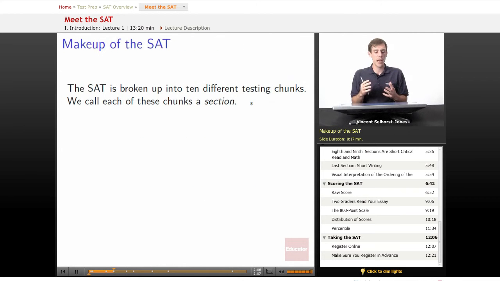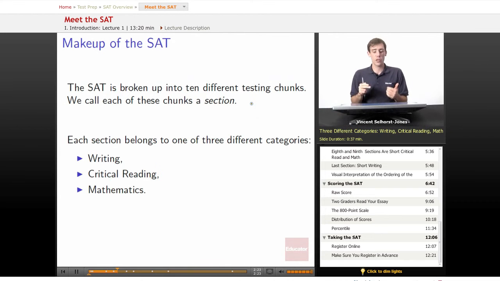How is the SAT made up? The SAT is broken up into 10 different testing chunks. We're going to call each of these chunks a section. That's the name for one of these testing chunks. There'll be some brief period of time, generally 25 minutes, that you'll have to work on a section. Each section belongs to one of three different categories: writing, critical reading, and mathematics.